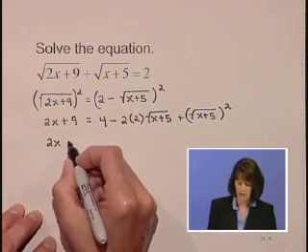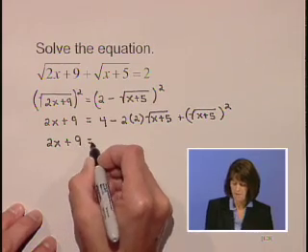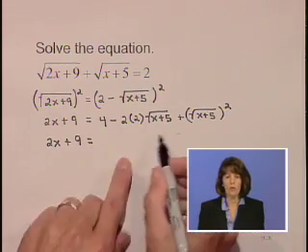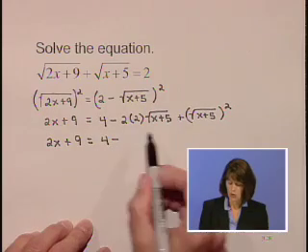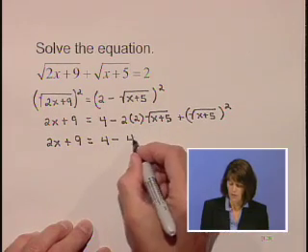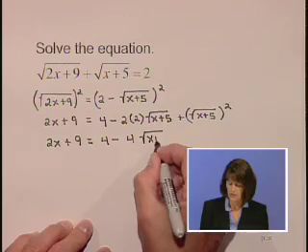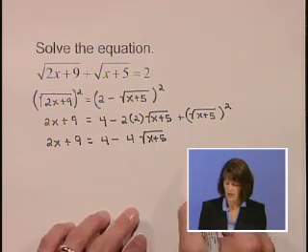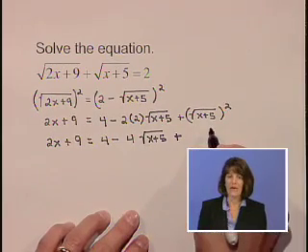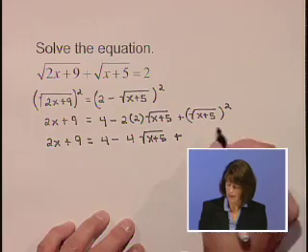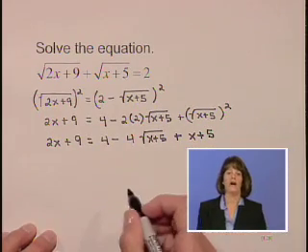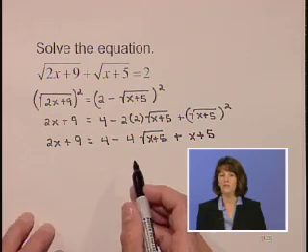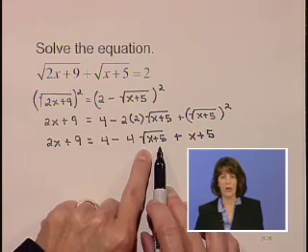On the left, let's just rewrite this as 2x plus 9. We'll clean up some terms on the right. With this middle term, let's call that 4 times the square root of x plus 5. And yes, it's negative. With our last term, the square root of x plus 5, quantity squared is x plus 5. Now at this point, we still have a radical in the equation.